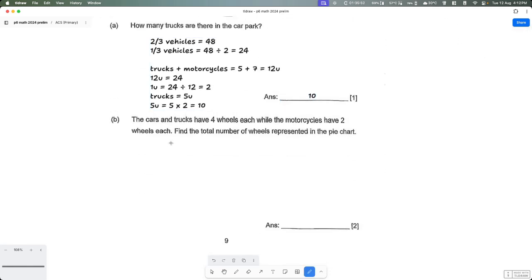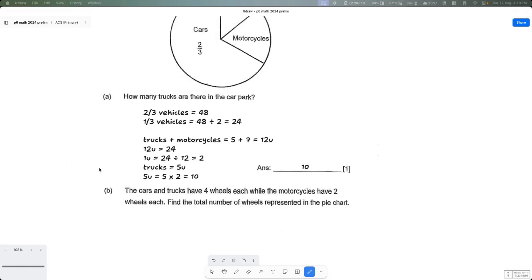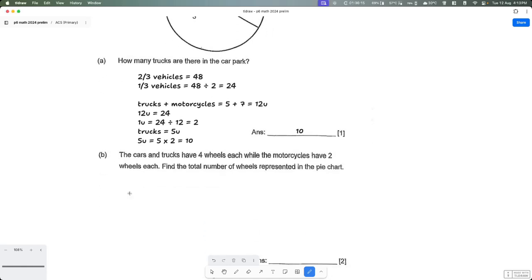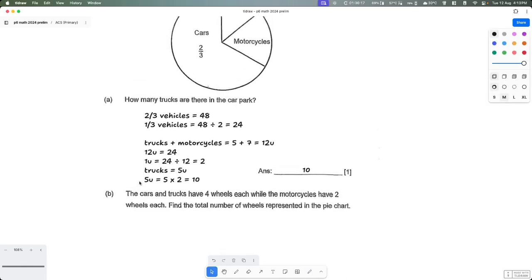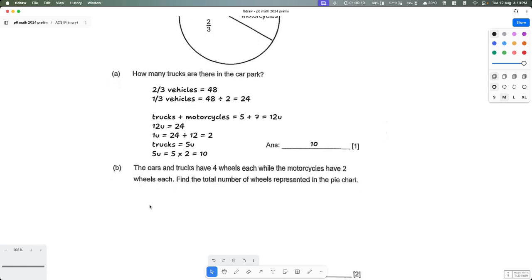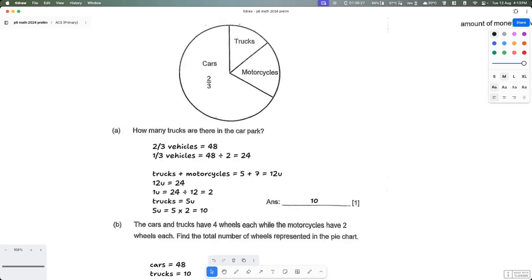The cars and trucks have 4 wheels each, while the motorcycles have 2 wheels each. Find the total number of wheels represented in the pie chart. So we know that trucks is 10, so I'm going to write everything down. Cars is equal to 48, and trucks is equal to 10, and then we are left with motorcycles, which is 7 units.